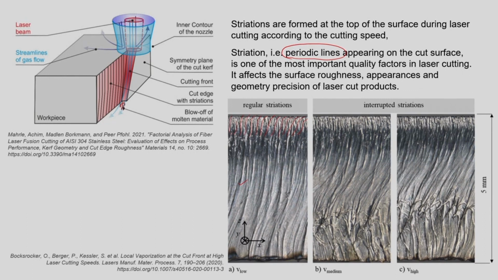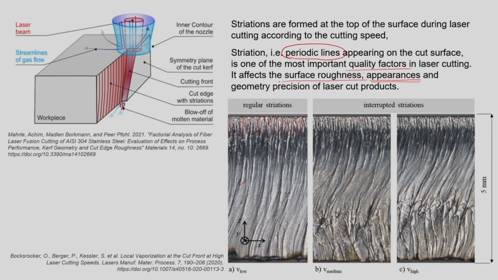The striations are an important quality factor, and based on that the roughness of the cut surface is controlled. Moreover, the striations also affect the appearance of the laser cut surface.